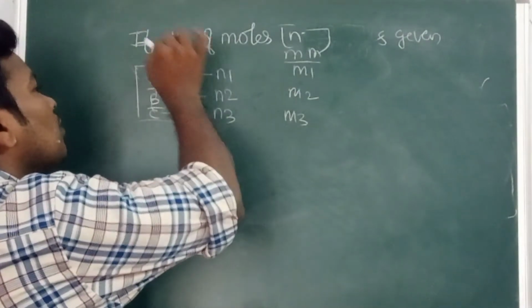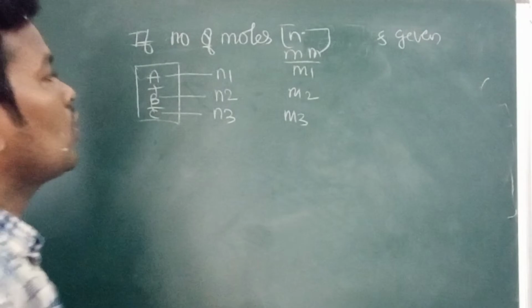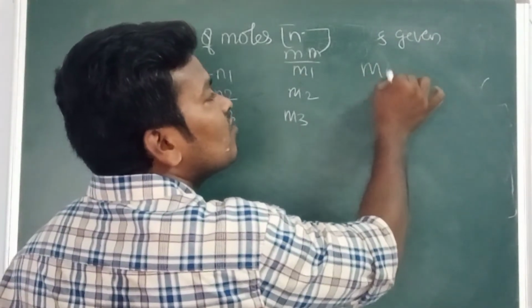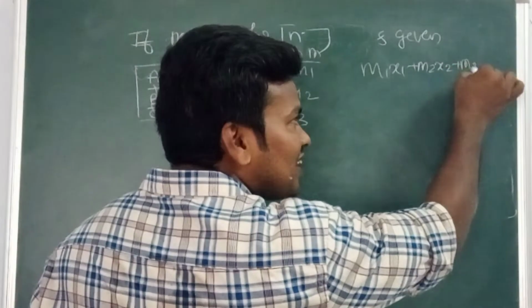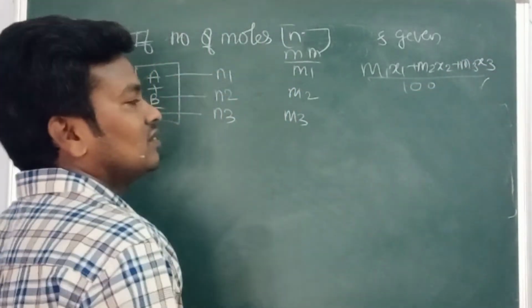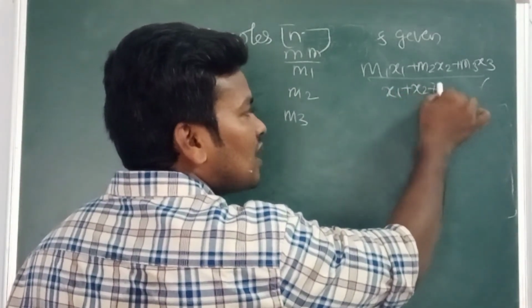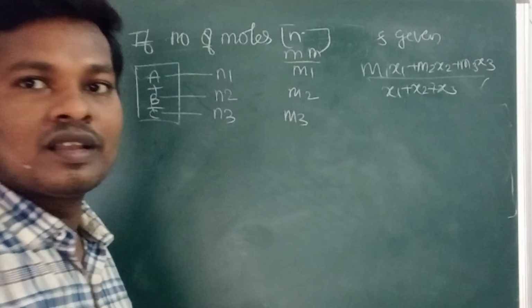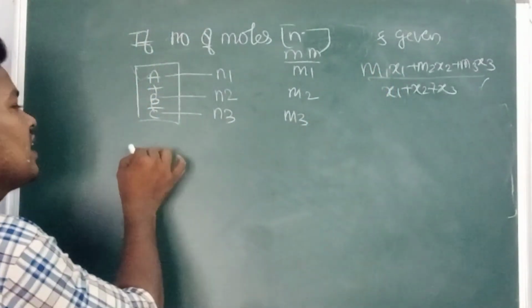Because they are asking about the abundance, no? Abundance I want. Before, we wrote the formula M1 x1 plus M2 x2 plus M3 x3 by 100. Otherwise, x1 plus x2 plus x3 is 100. But I want x1 right now. How can you calculate x1?